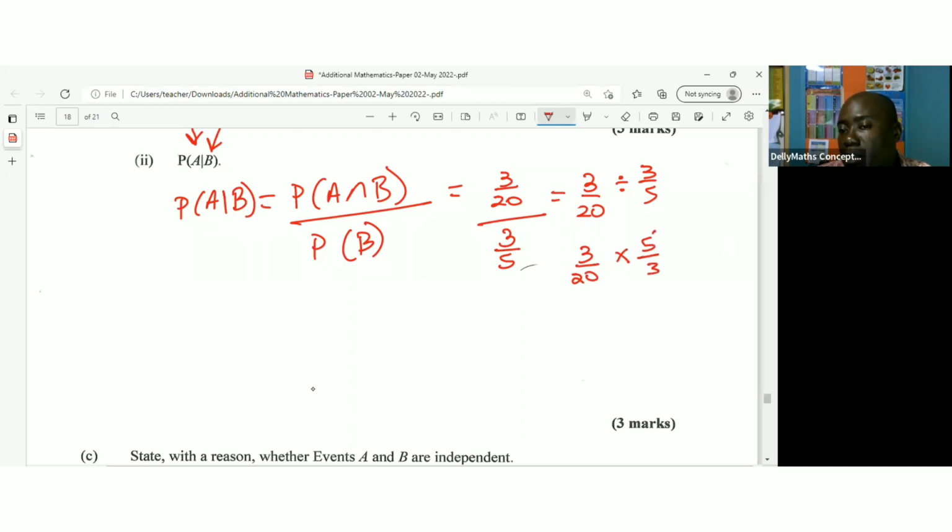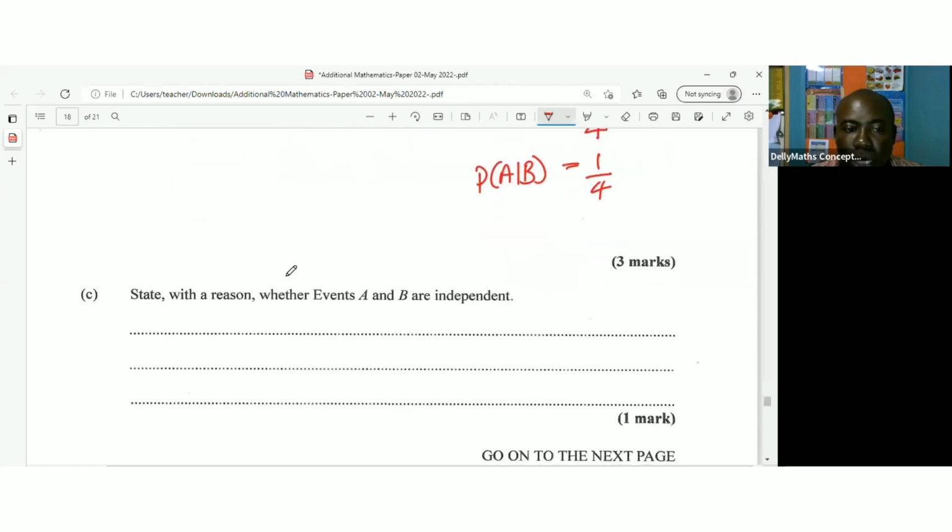And here we could cancel 5 into itself 1 time, 5 into the 20, 3 into itself 1, 3 into 3, 1. 1 times 1, that is 1 at the top. 4 times 1 is 4. So the probability of A, given that B occurred, is 1/4. We would have gotten 1/4 for that probability, and then we would have moved on.